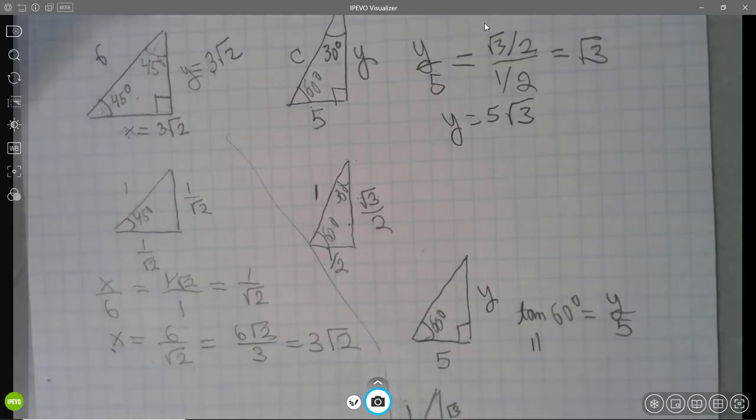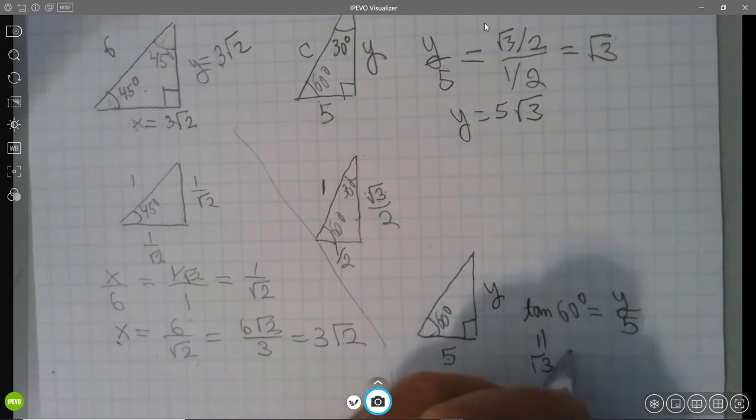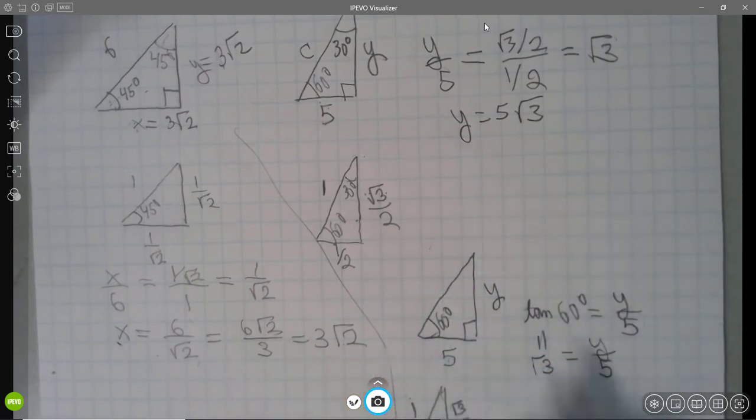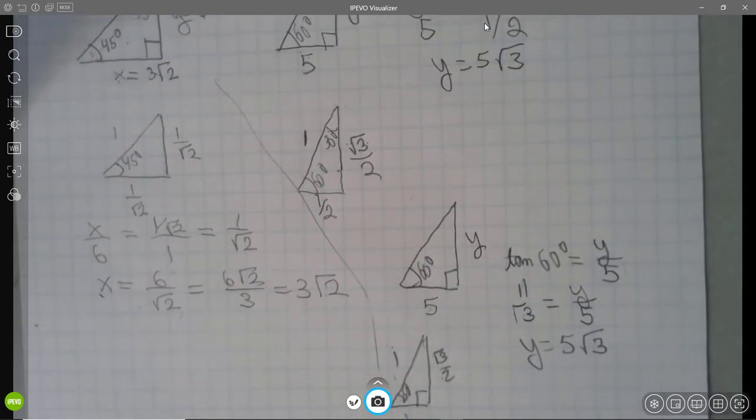The tangent of 60, opposite over adjacent, is root 3 over 2 divided by 1 over 2, so it's just root 3. So we have root 3 is equal to tan 60, which is also equal to y over 5. So if you multiply through by the 5, you get y equals 5 root 3. And sure enough, that gives us the same result as up above.